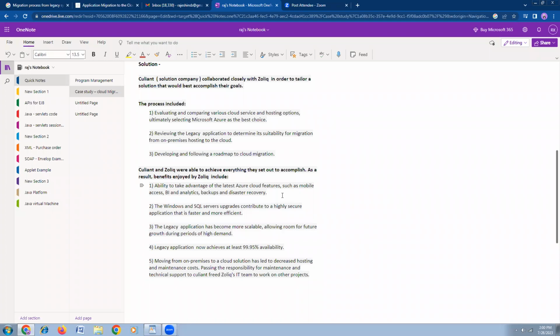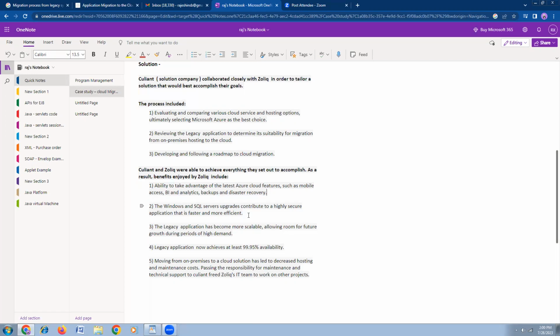At the same time, they need a feature relating to backup, because whatever data was stored should have a backup. So backup is required. At the same time, disaster recovery, because if there is a loss of data, that has to be recovered. If there are any unforeseen situations where the data was lost, there must be a provision to recover the data, right? So this is one thing they have decided.